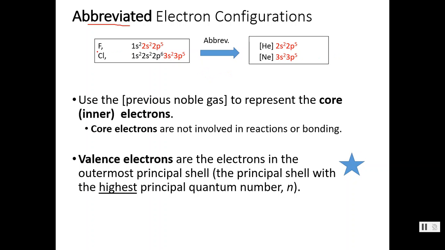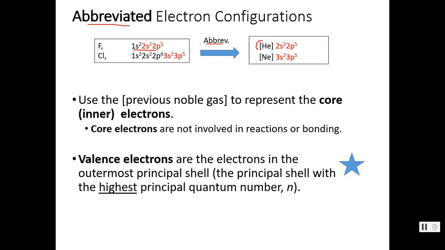For example, fluorine. If you were to write the full electron configuration for fluorine, which has 9 electrons, you would give it as 1s2, 2s2, 2p5. For the abbreviated version, you'd look at your periodic table to see the closest previous noble gas to fluorine, which is helium.